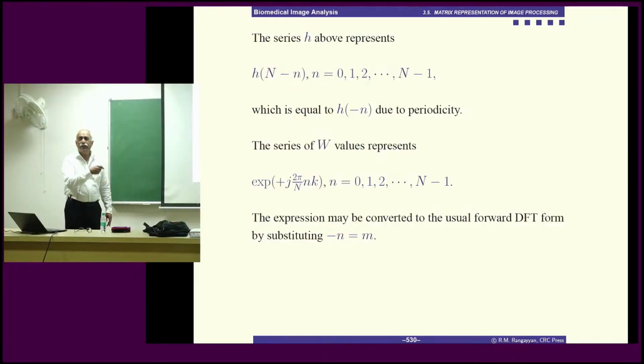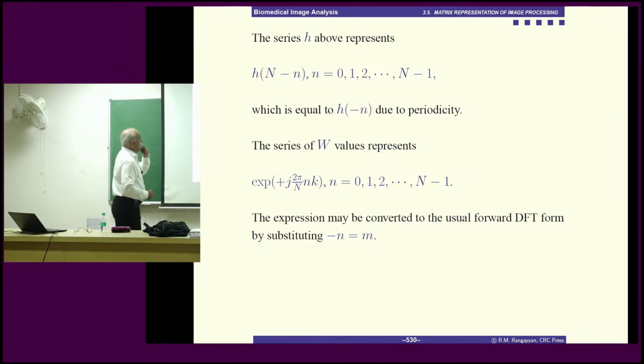So there is a reversal in convolution. That's why you get h minus n. So the series W will have the DFT kernel function. In 1D, having two variables, but we have the other dimension elsewhere.